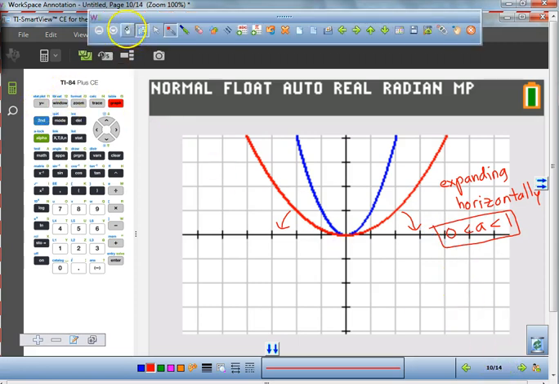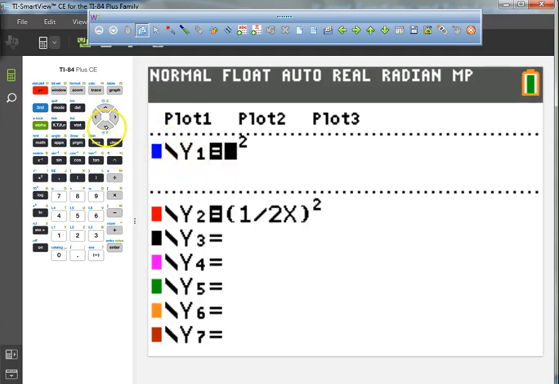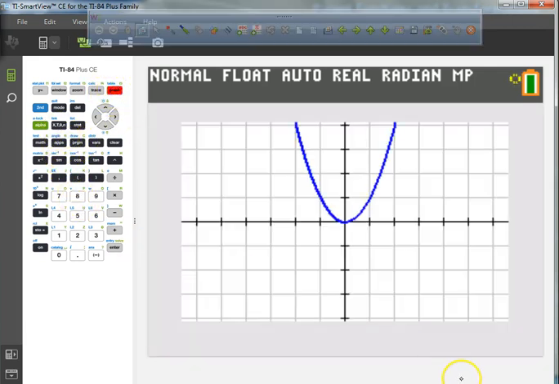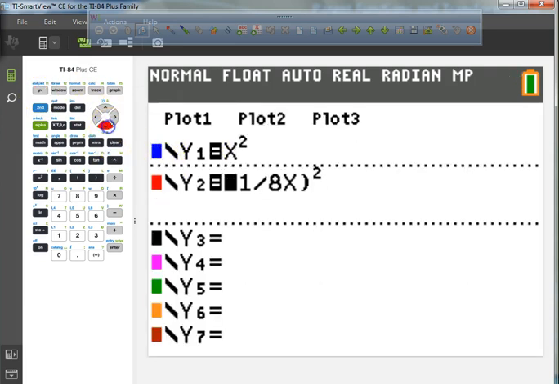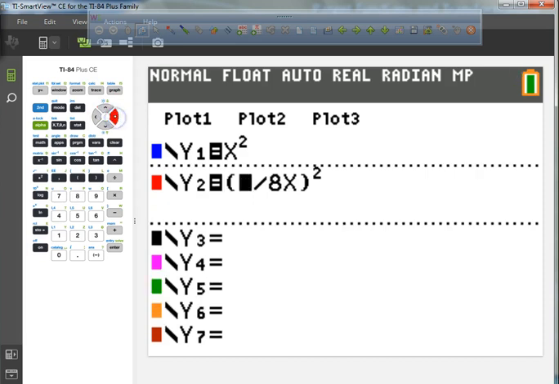So if we want to make it expand even more horizontally, what could I do with this fraction? I could change it from a half to a what? Watch this. Change it to 8. Look how close it gets to the x-axis when I do that. If I do a 10th, actually if I do a 20th, it'll probably almost look like a perfectly flat line, even though technically it's not.